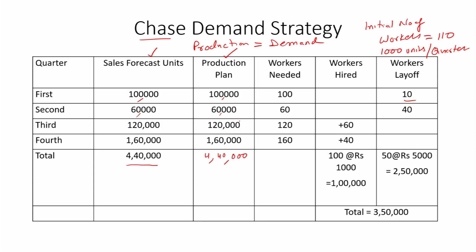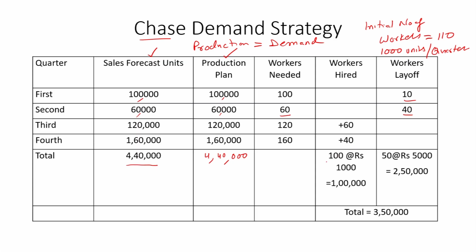In the second quarter, my demand is 60,000, production is also 60,000, I need only 60 workers. So, 40 workers I have to lay off. In the third quarter, the demand increased to 120K, I need 120 workers. At present I am having 60 workers, so I have to add 60 more workers to make it 120. In the fourth quarter, the demand is 160K, I need 160 workers. So, I need to hire another 40 workers.